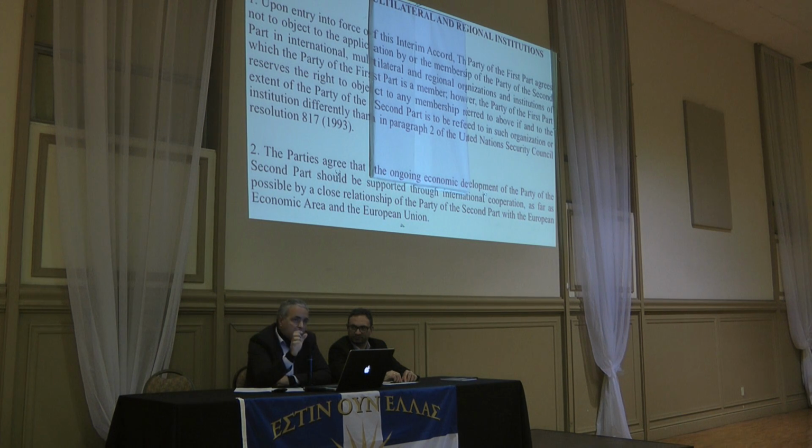But as FYROM, it's impossible. We accept this. So in fact, we did it. It was wrong. Yes, it was wrong. It was illegal. Yes, it was illegal. That's why in 2011 we went to court and we were condemned. You know this? They condemned Greece and said, you should not do this.